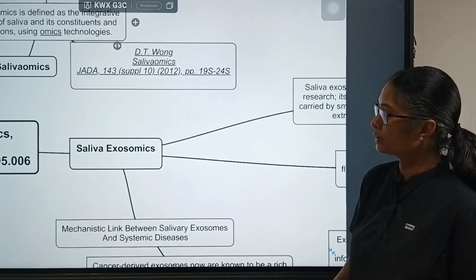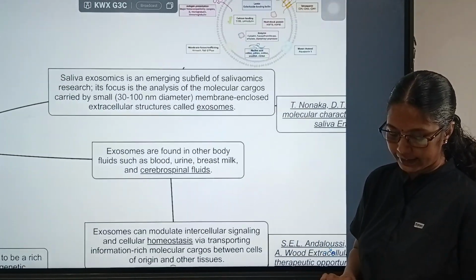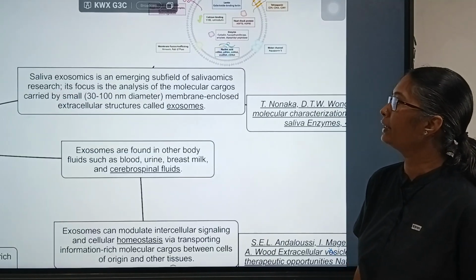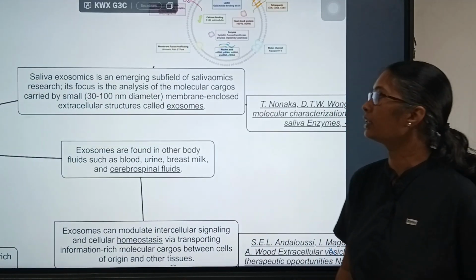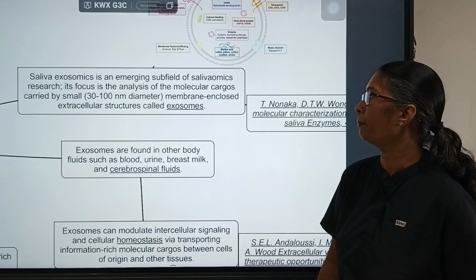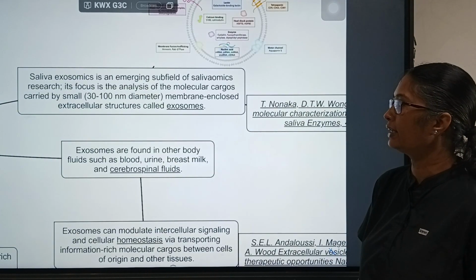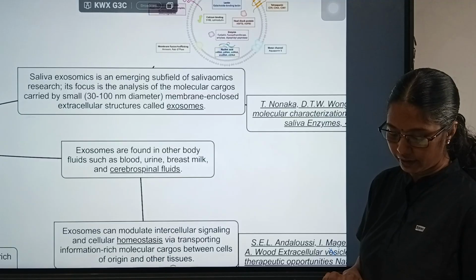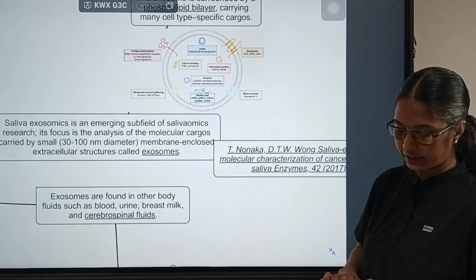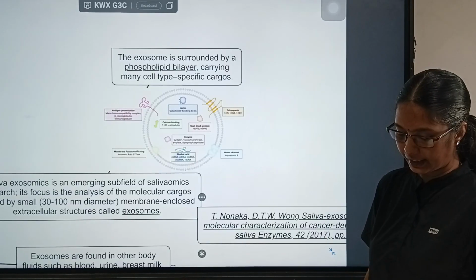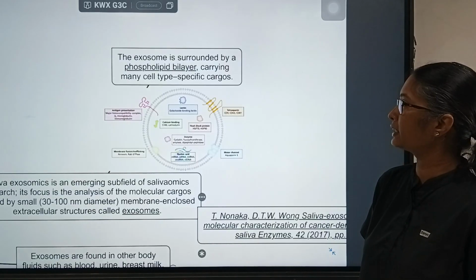So when we talk about saliva exosomics, saliva exosomics is an emerging subfield of Salivaomics research, and its focus is the analysis of the molecular cargoes carried by the small membrane enclosed extracellular structures called exosomes. So they are 30 to 100 nanometers in diameter, and these exosomes are surrounded by a phospholipid bilayer carrying many cell type specific cargoes.